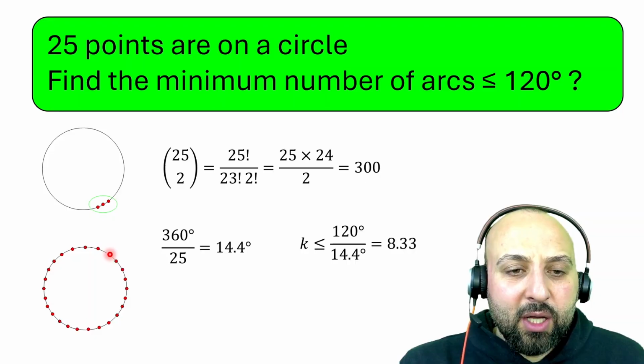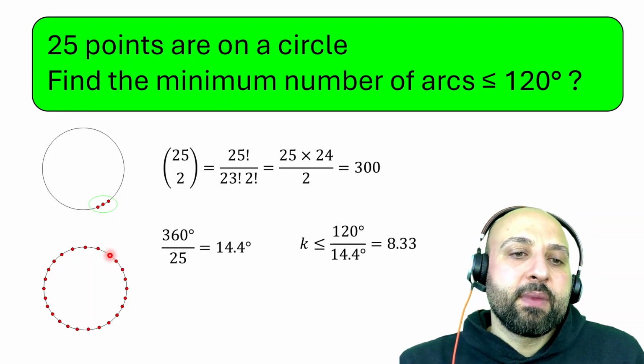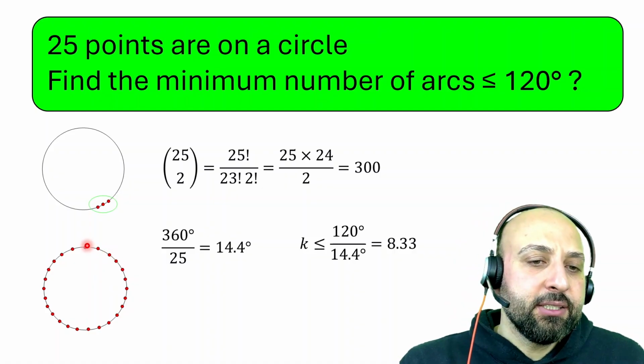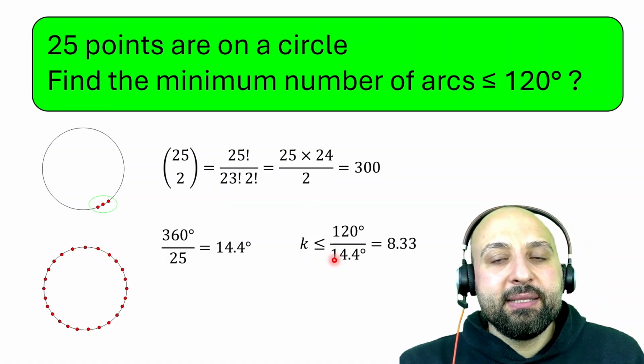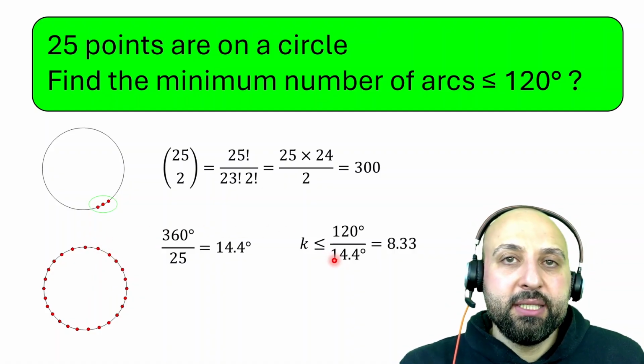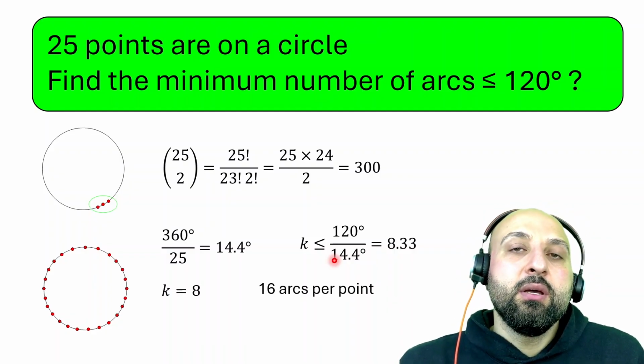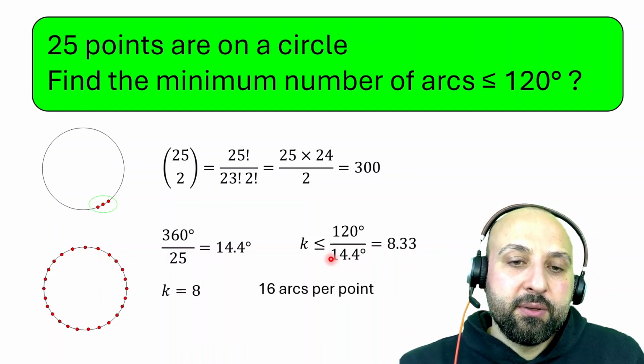So if I take 1 point, there would be 8 additional points on the right side and 8 additional points on the left side that create an arc equal or less than 120 degrees. Basically, for each point, we will have 16 arcs.